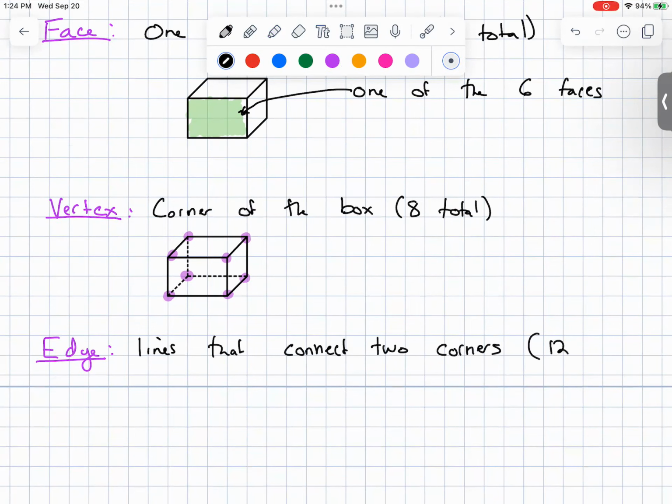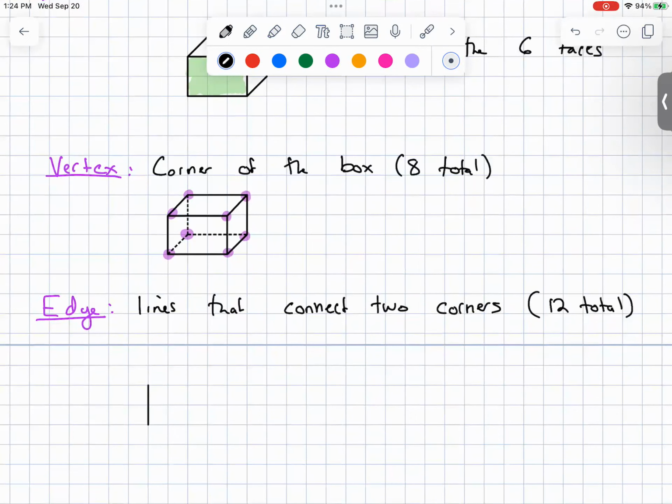And there are 12 total. Draw one more time. That's a lie. We're going to draw it again, just not for definition purposes.